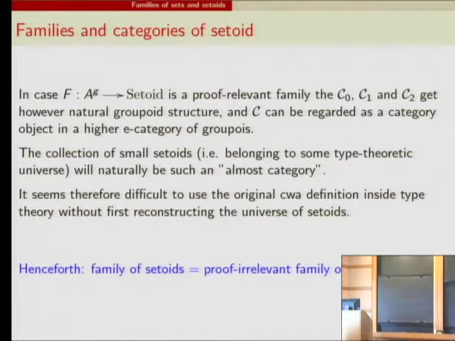In the classical case, this would be a category object in the two category of groupoids or something like that. But it's not comparable because we don't have that machinery yet.